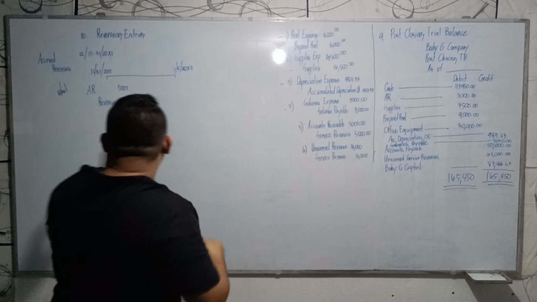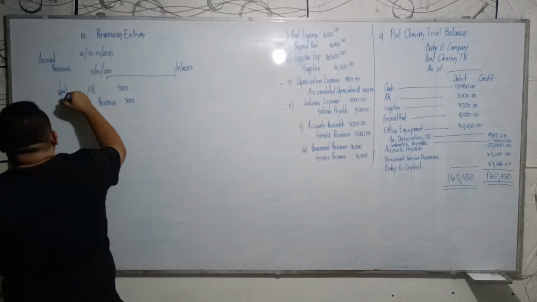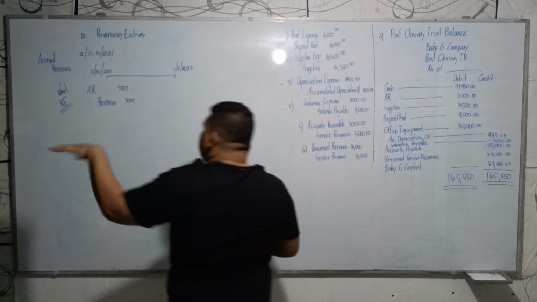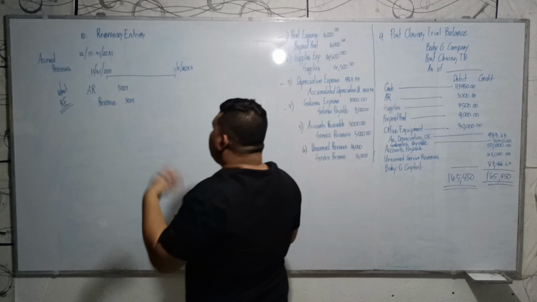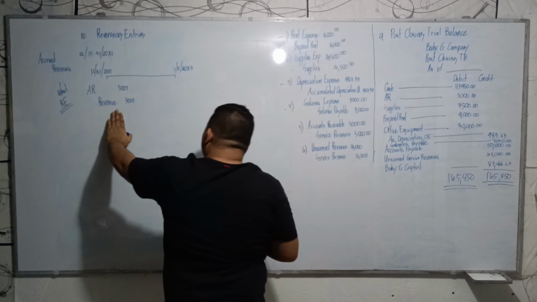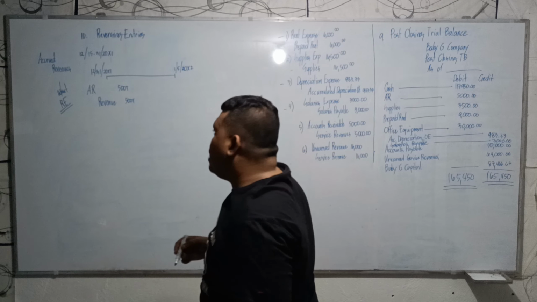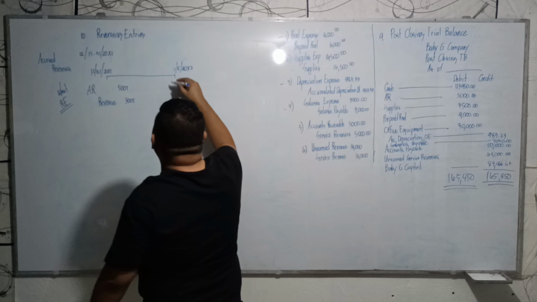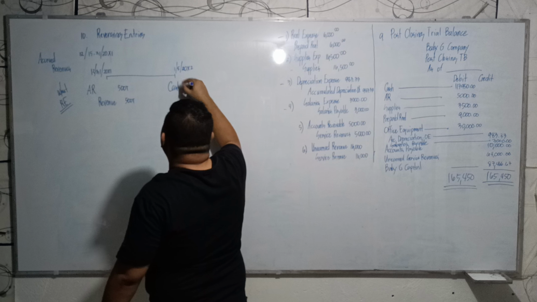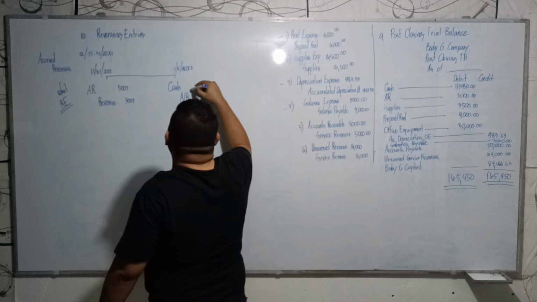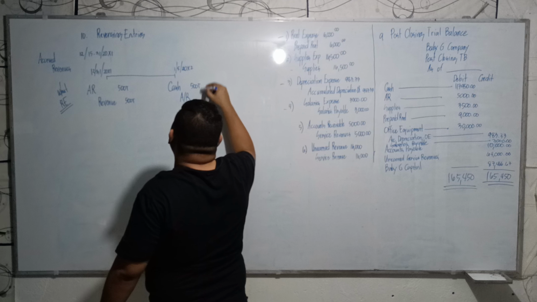Again, without using reversing entry, you can do that because reversing entries are only optional. Without reversing entry, you have to remember this particular accrual that you made in the past year because when you collect that on 1/5/20x2, your entry should be debit cash, credit accounts receivable, 500,000.